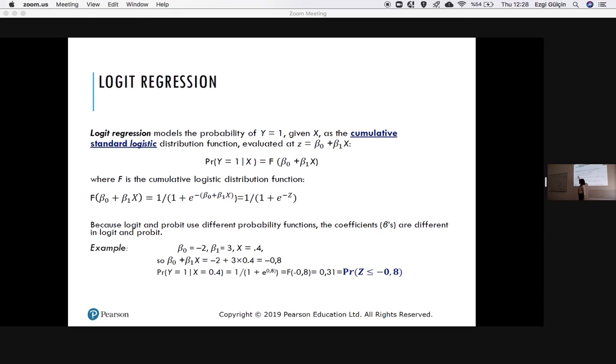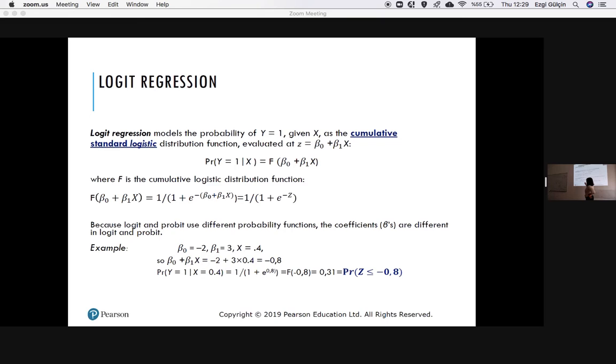So instead of having phi evaluated at beta 0 plus beta 1 x, we have 1 over 1 plus e to the minus (beta 0 plus beta 1 x). This is the z that we can compute from our Stata estimates. We just need to compute this value instead of taking the tables from the standard normal distribution. So nothing really big here.